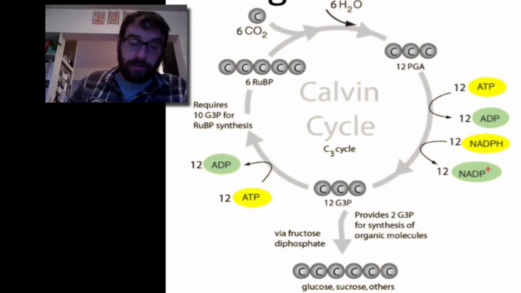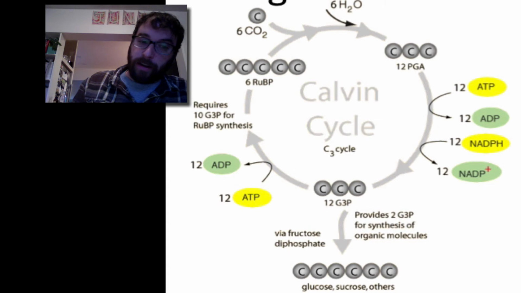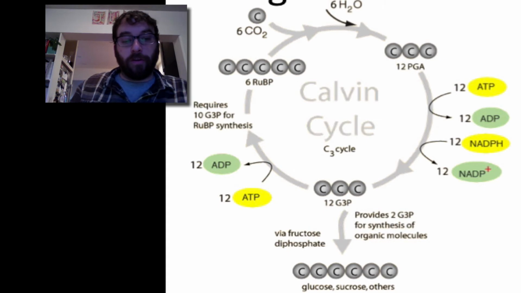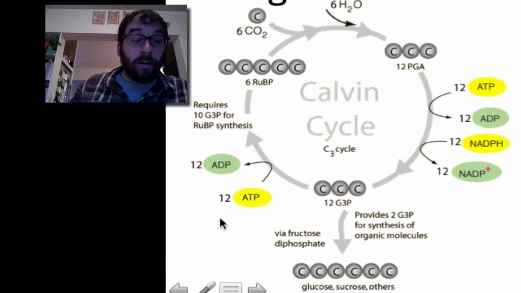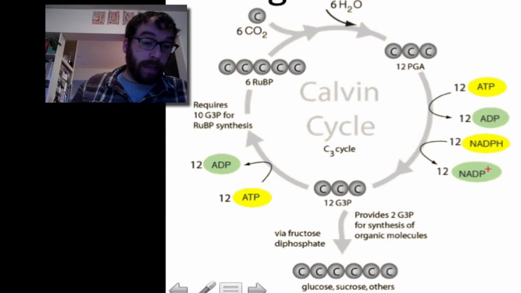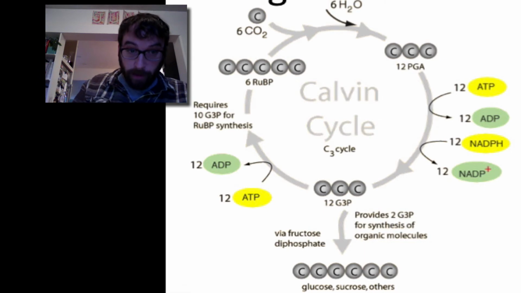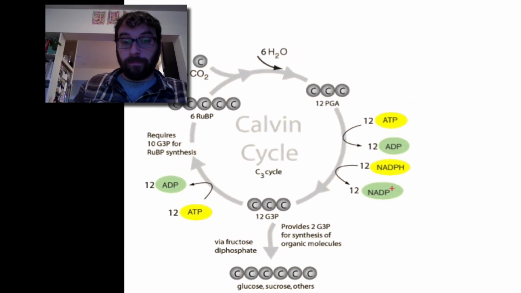The regeneration stage refers to taking the rest of that carbon and rebuilding those RuBPs so the whole thing can happen again. And again, this also takes energy, energy that came from the light reactions.